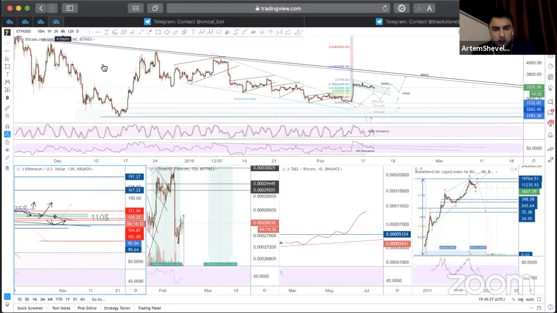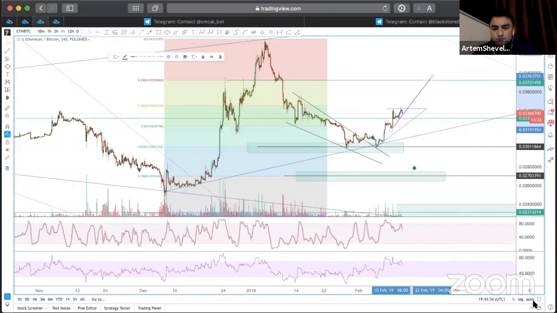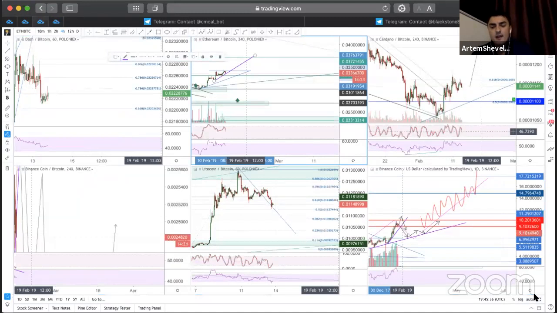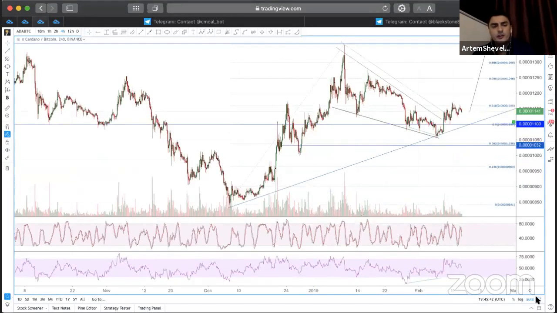Let's go next. Let's check what we have for today. ADA. Let's check ADA, because a few days ago I posted a really, really bullish analysis about ADA, and I want to describe it. It's pretty easy to see that ADA is making a really, really good rebound.